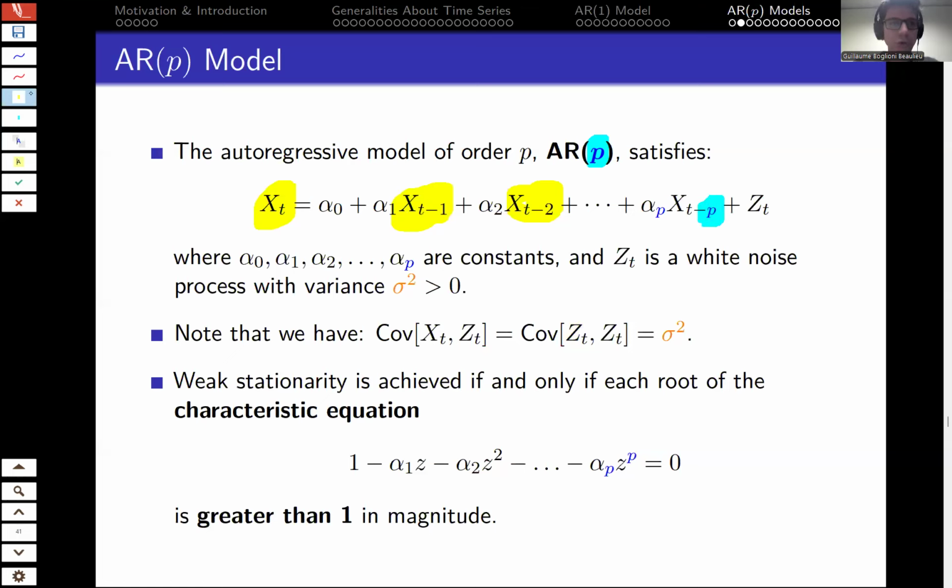Then, of course, we also add the noise, what we called before a white noise. And this white noise is then a random variable with a mean of 0 and a certain positive variance, which we denote here sigma squared.